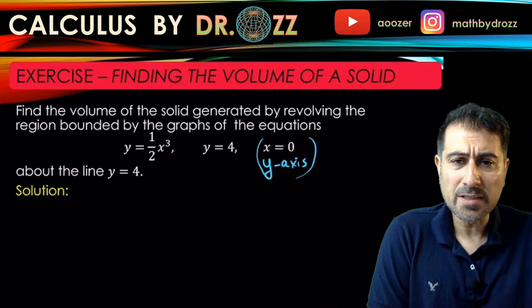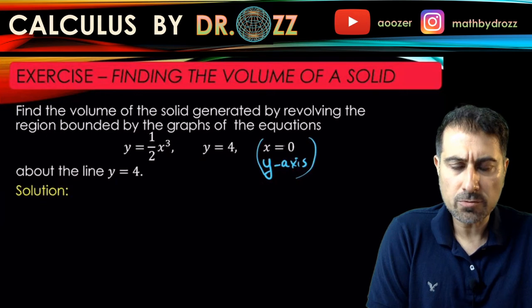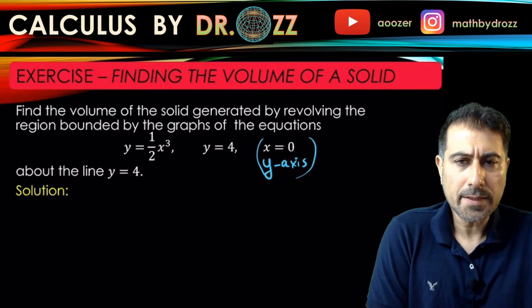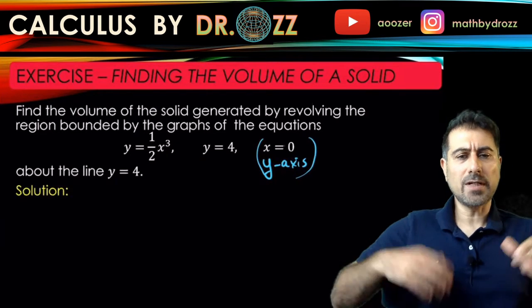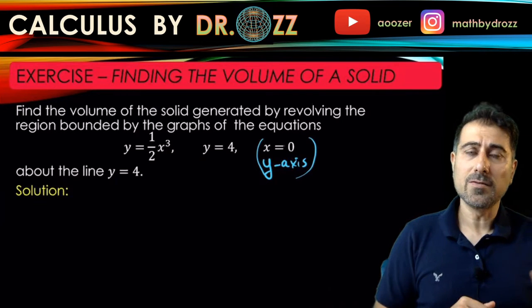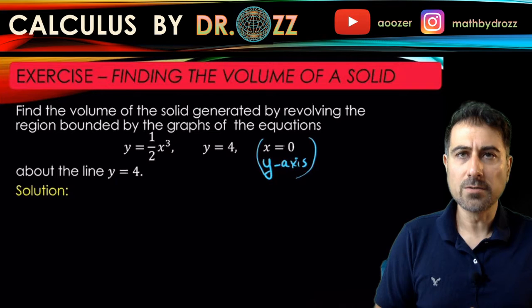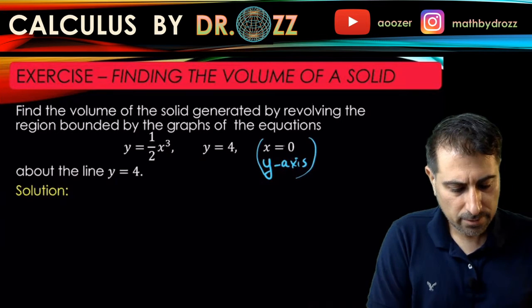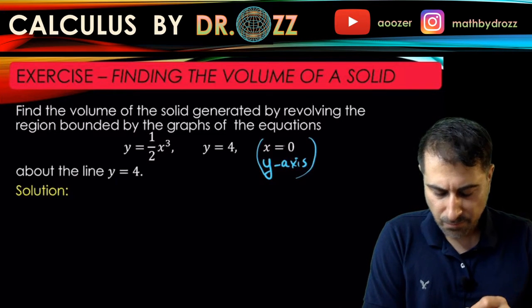At this moment, why don't you go ahead and try to plot y equals 1/2 x cubed and y equals 4 in one plot and see what it looks like. You can choose your x min and x max large enough, just to see what the region looks like.